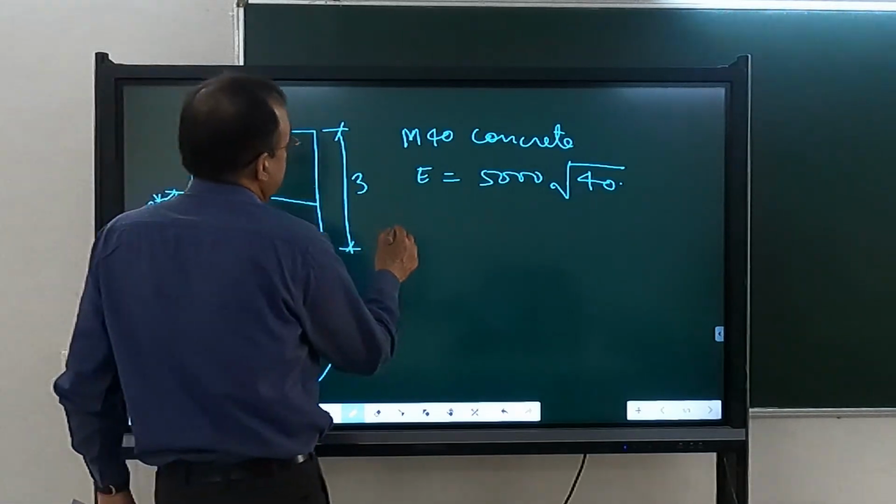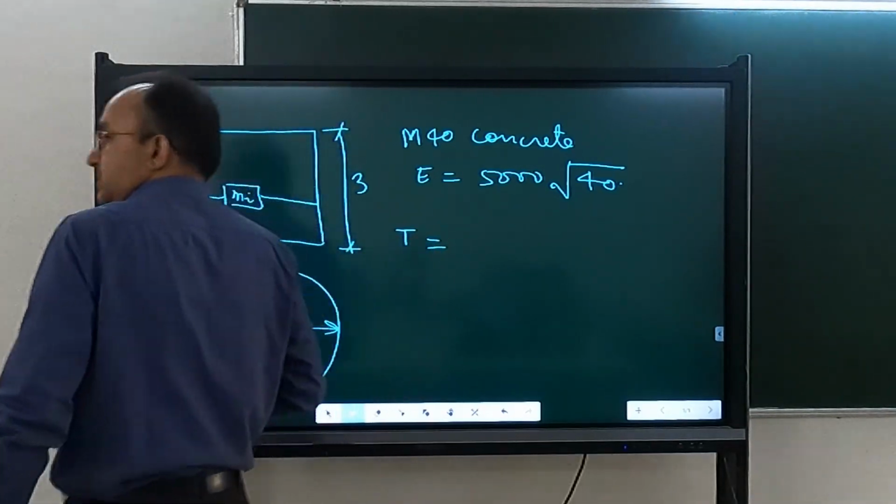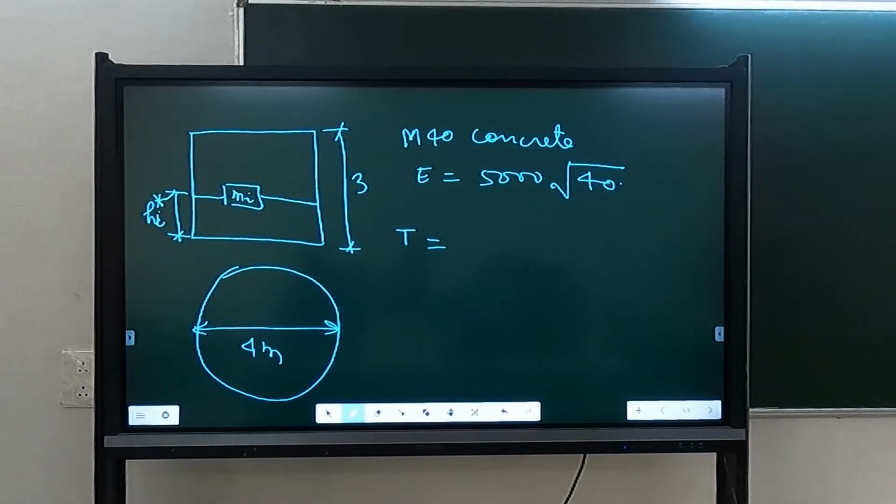Then calculate period for circular water tank. In the code, direct formula is here. MI you can read from graph or you can use formula, whatever.